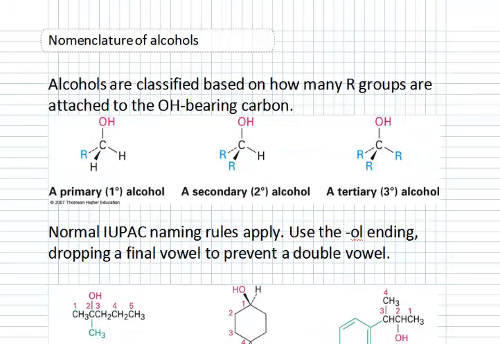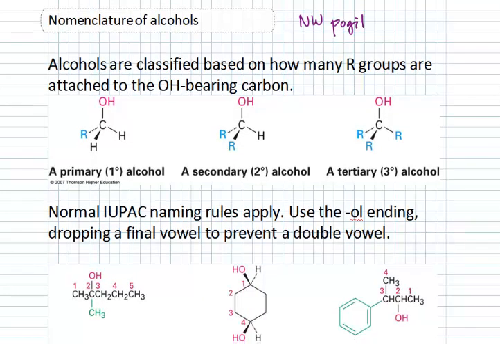So let's just very quickly review the nomenclature of alcohols. Please, on your own, do the nomenclature worksheet, so you get practice on naming alcohols as well as the carbonyl compounds, which we'll be studying coming up. First of all, let's classify alcohols by the number of R groups that are attached to the OH-bearing carbon.